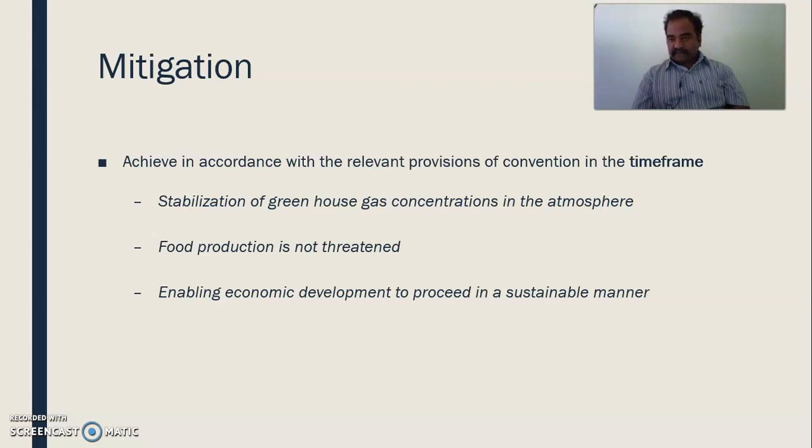So keeping these three things in view, you are supposed to take any mitigative measures. Once again repeating, stabilization of greenhouse gases, taking care of the food production such that it is not minimized, and also enabling your economic development in a sustainable manner.